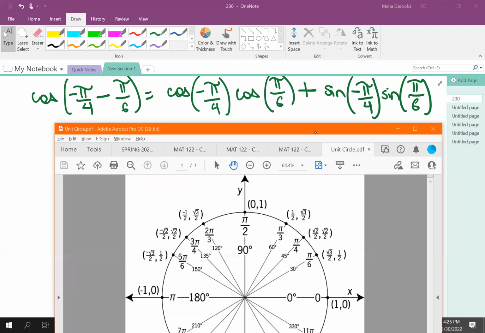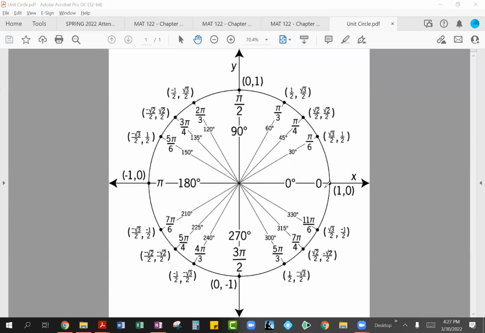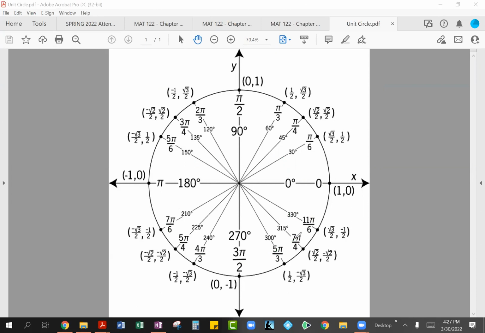So can you tell me for cosine of negative pi over 4, or basically for pi over 4, negative pi over 4, what our cosine and sine values will be? Because remember, if you're talking about negative, that means you're going in this direction. So where is your negative pi over 4 going to fall? Is it 7 pi over 4?